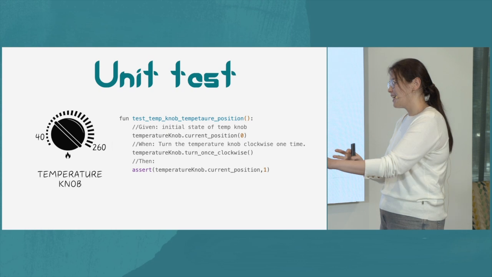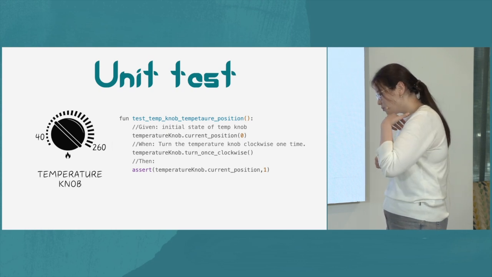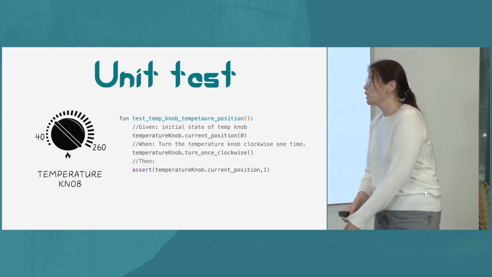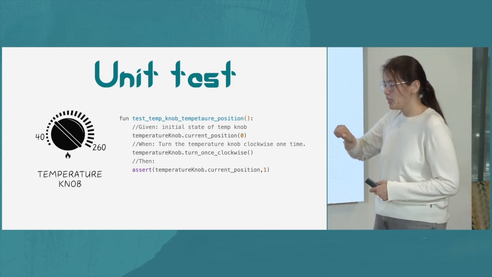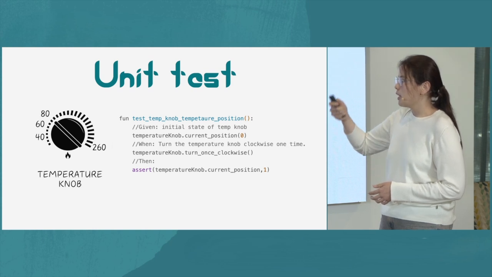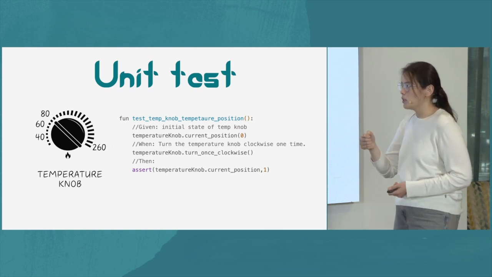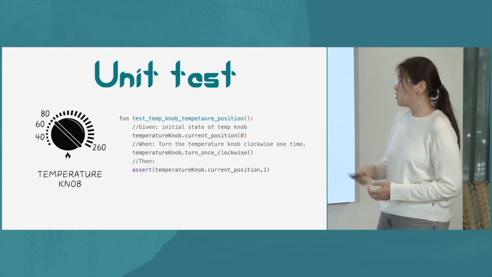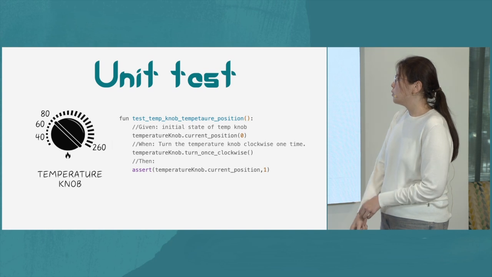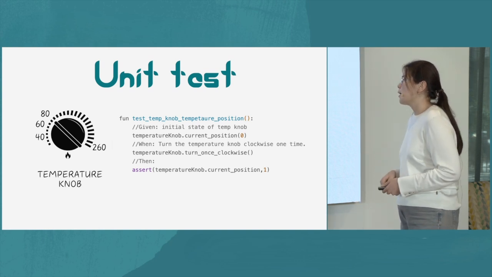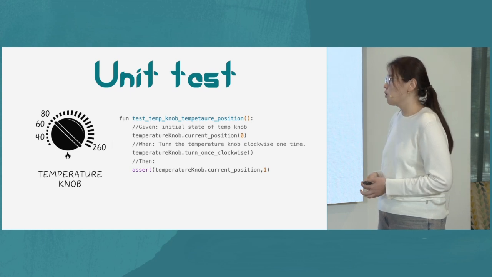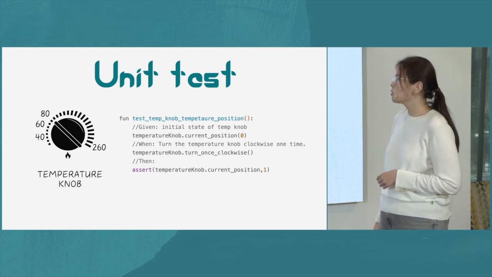We don't need any mocked components. In that case, we could just test the ticking incrementation, as I said, 40, 60, 80, that we are incrementing by 20 Celsius. Given the initial state of the temp knob is 0, and the current position is 0, then we turn the temperature knob clockwise one time, and then we assert that it was turned clockwise once. So here it goes, and that's all.